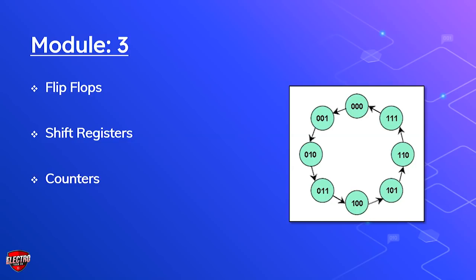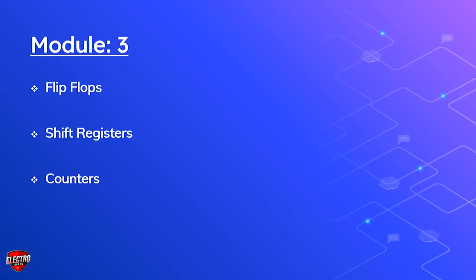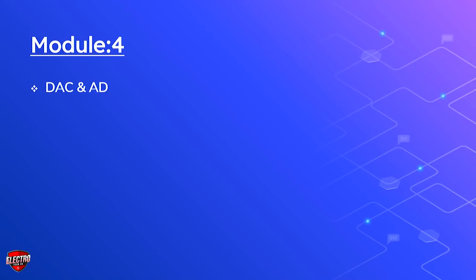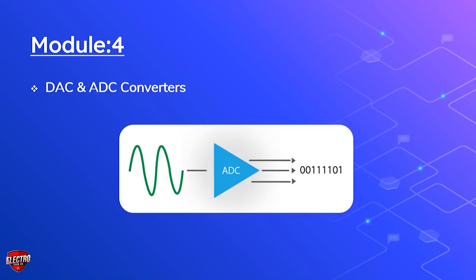Now the next module is based on ADC and DAC converters. So the question is, what are ADC and DAC? The full form of ADC is analog to digital converter, which converts an analog signal into a digital signal.